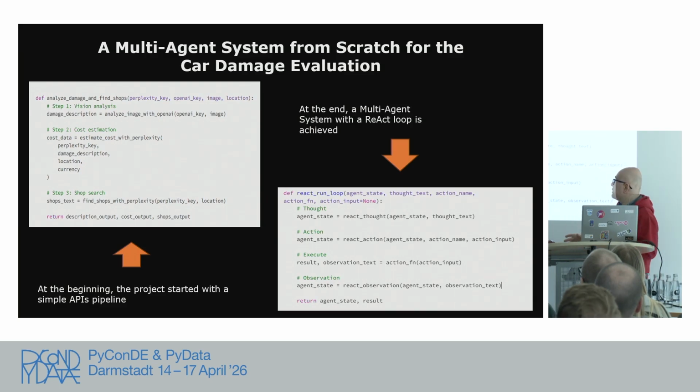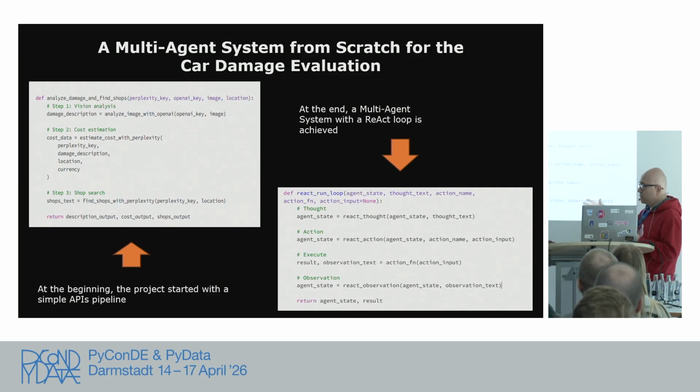The agent system is built by creating the ReAct loop: reason, action, and observation. With the reason, you have the first state, the ReAct thought, in the agent state, where the agent thinks about the decision to make.